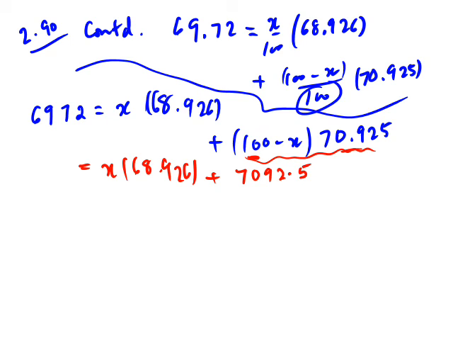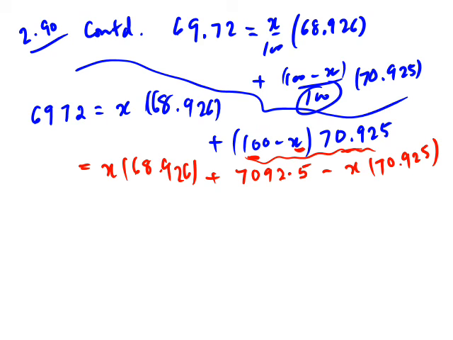Don't forget about that because I multiplied by 100. So that means your decimal point is shifted by 2 places. So that's 100 times 70.925 minus, since there's a minus x, minus x times 70.925.